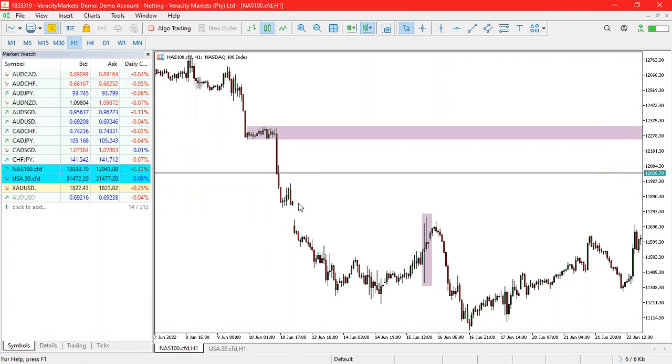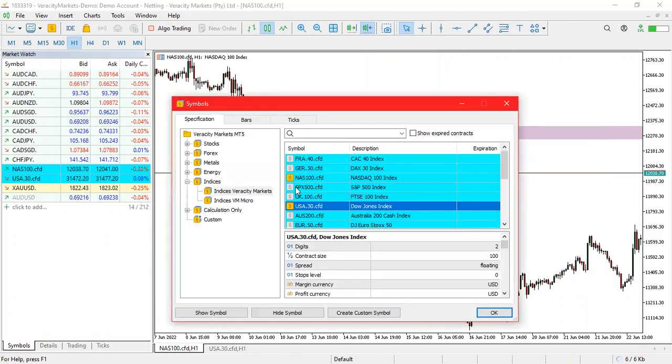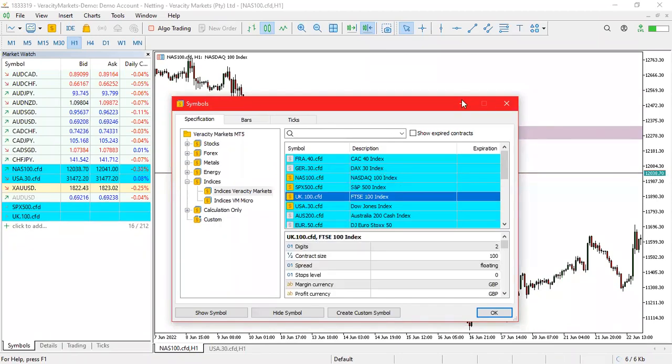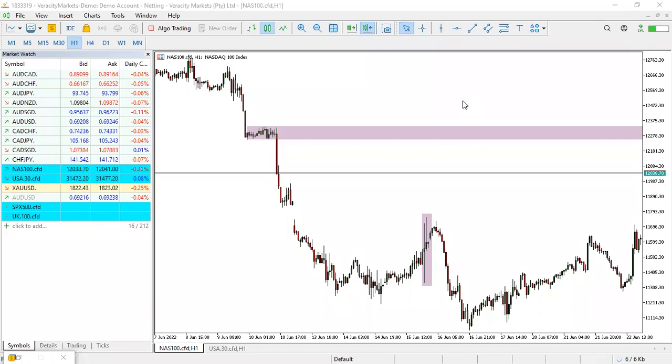We still have many. We also have SP 500. We also have UK 100. Now check this. Sometimes it can pause. Guys, never zoom in.